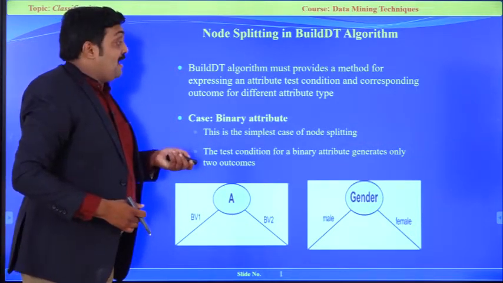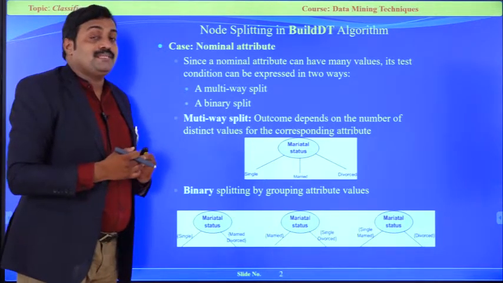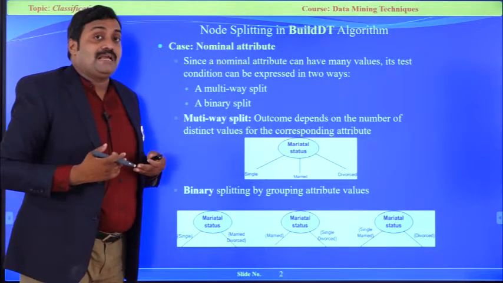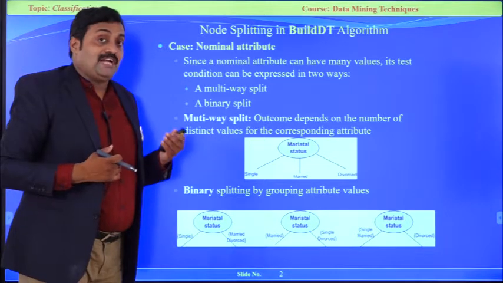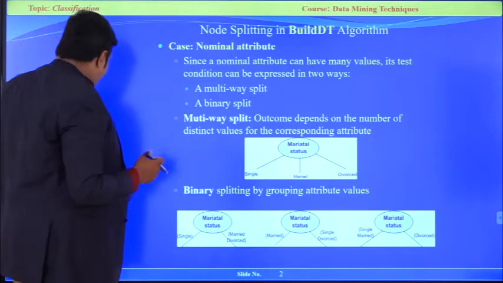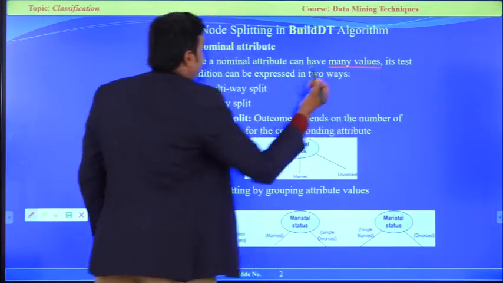Suppose the attribute type is nominal. Nominal means categorical, or qualitative, attribute. We learned about the attribute types in the beginning. A nominal attribute can have many values, not like binary.